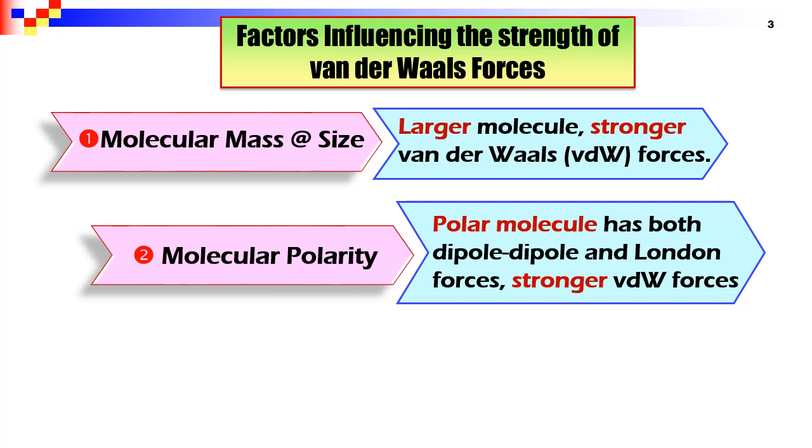Bear in mind that. So every time, what you need to inspect is the molecular mass, followed by molecular polarity, to figure out which factor outweighs the influence on the strength of van der Waals forces.